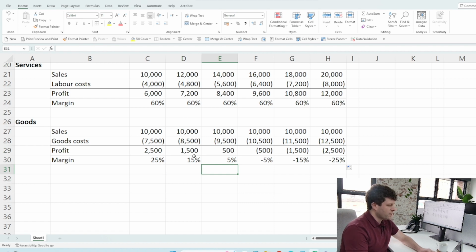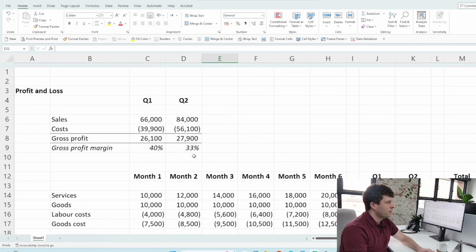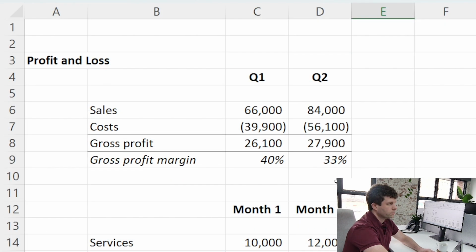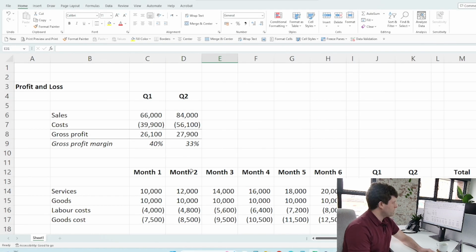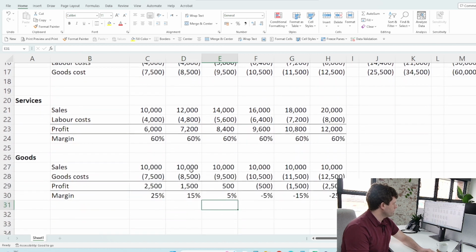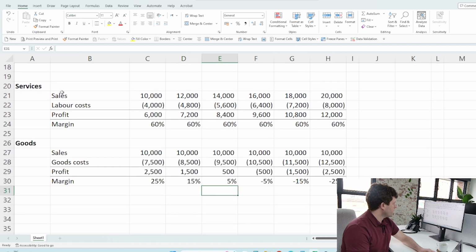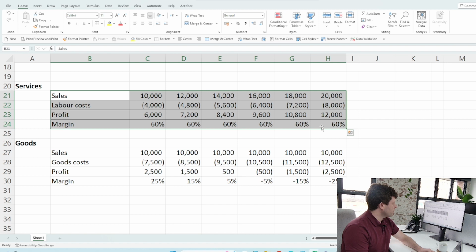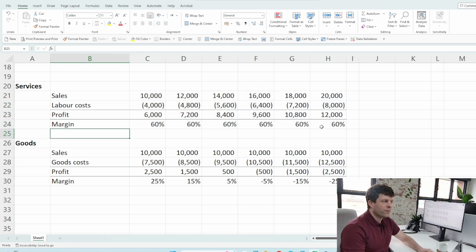Now, I think this is really useful to see because you can take our original profit and loss and you can say, well, it looks like they're not making quite as much money as they used to, but they're doing okay. And now we can take these numbers and say, on their labour, they're making just as much money as they always have.